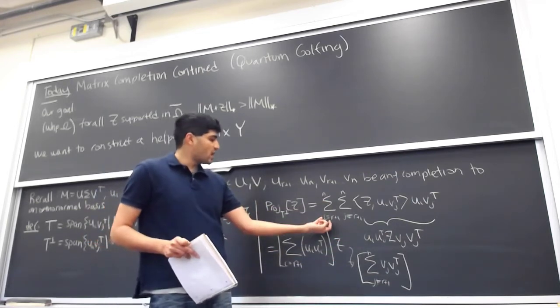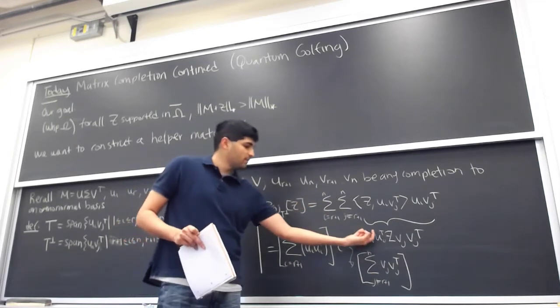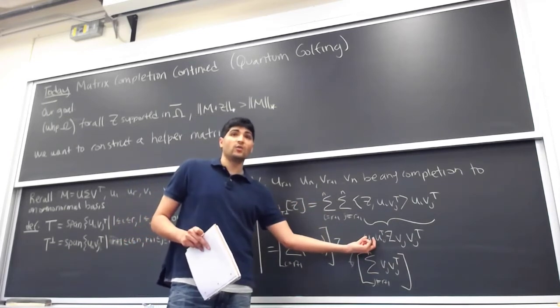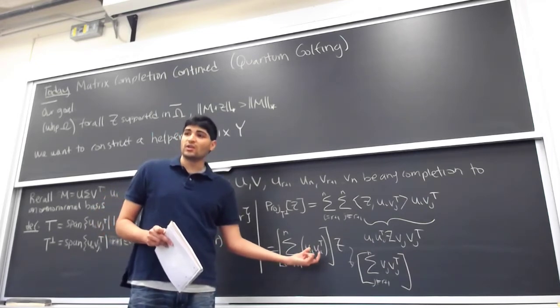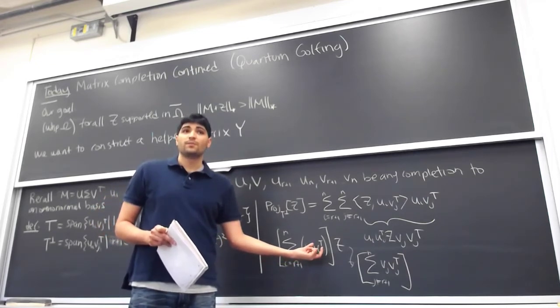Because I can just take the sum from i equals r plus 1 to n and collect these u_i transposes. So all of this is just the projection onto the span of the u's.